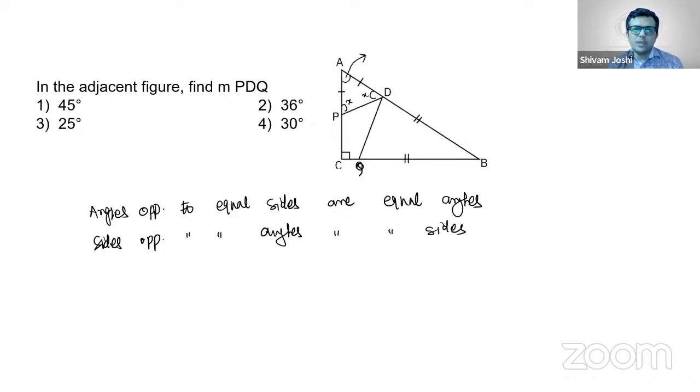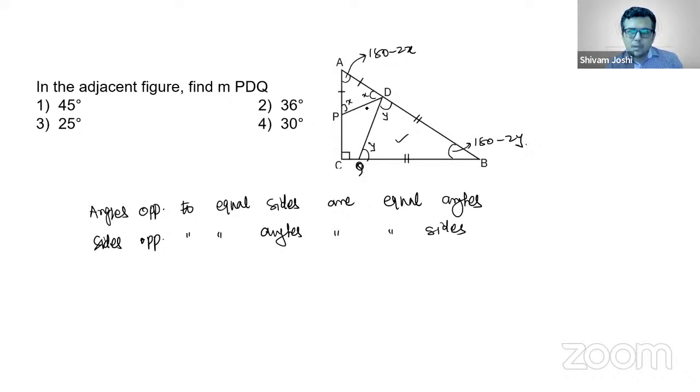We know that the sum of three angles is 180. Two of them we have already taken as x, so the third angle will be 180 minus 2x, right? Now we can simply replicate the same thing in the other triangle. Over here also these two sides are equal, and therefore their opposite angles are equal, correct? So these two angles I'm taking as y and y, and the third angle of the same triangle will be 180 minus 2y.